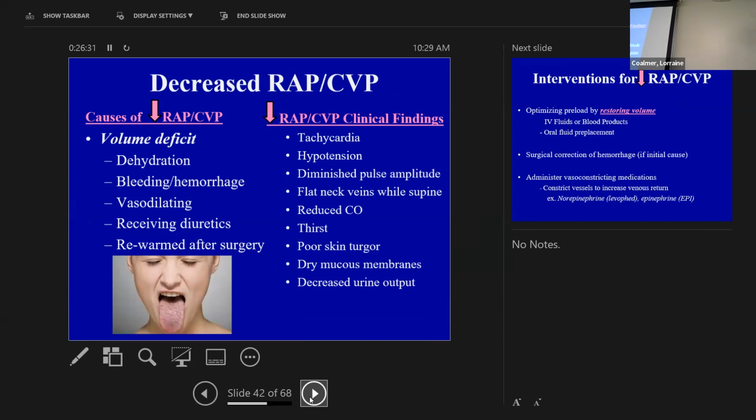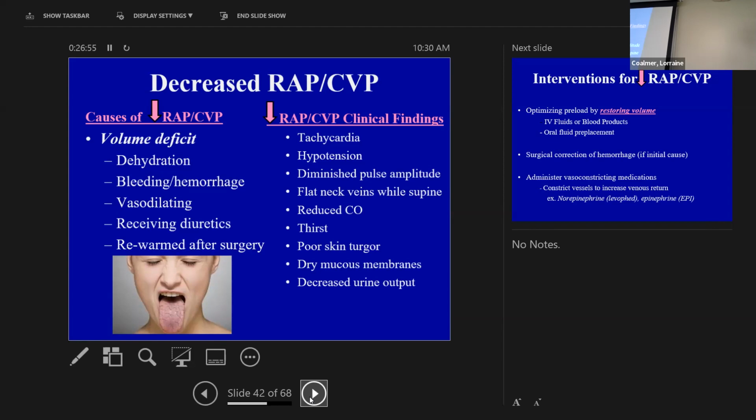Explain why. If my pipes are loose and open, does it look like my pool's empty, even though I didn't lose volume? Instead of a pipe that's normally like this, now I have a pipe like this. Does it look like I have less volume? So with vasodilating, even though I might not have lost volume, it appears that I'm volume depleted.